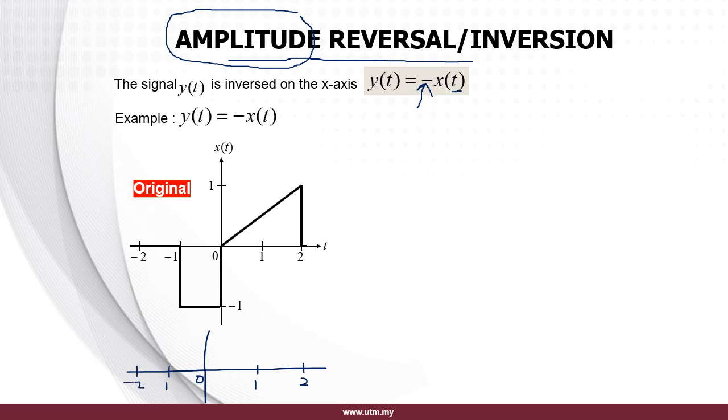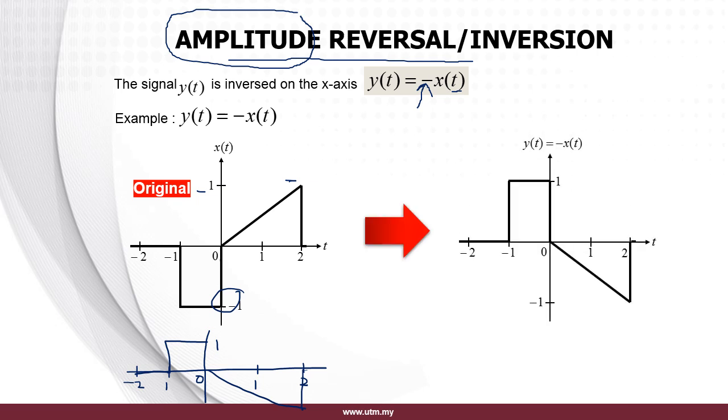But now the positive amplitude becomes negative, so the signal will be down there. And the negative amplitude becomes positive 1. There you are. So only inversion on the amplitude, but no changes on the time.